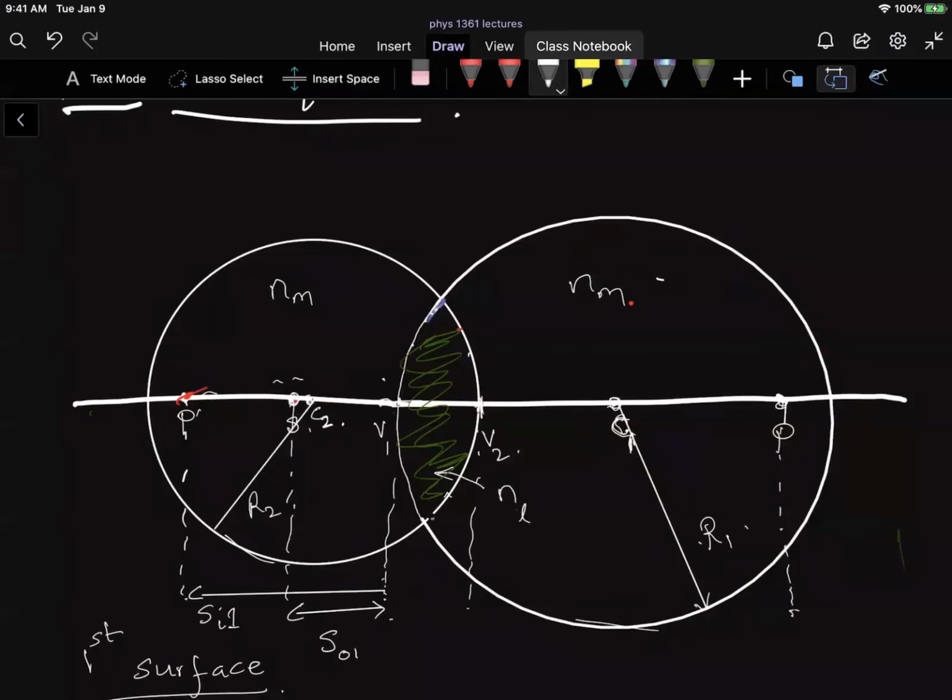We have taken that the rays which start from the point S are lying in the medium N sub M, and they exit also into a medium of refractive index N sub M, while the lens itself has a refractive index N sub L. So to draw the rays, let's look at one of the rays which come out from the point S over here.